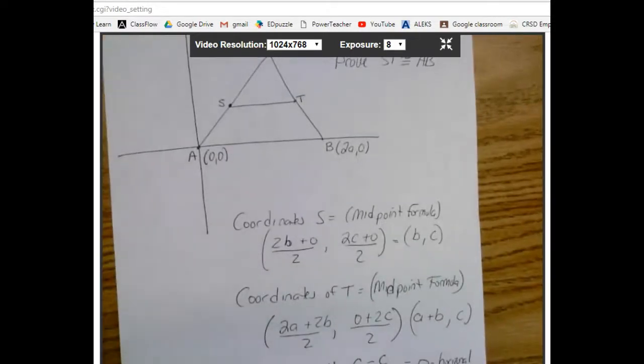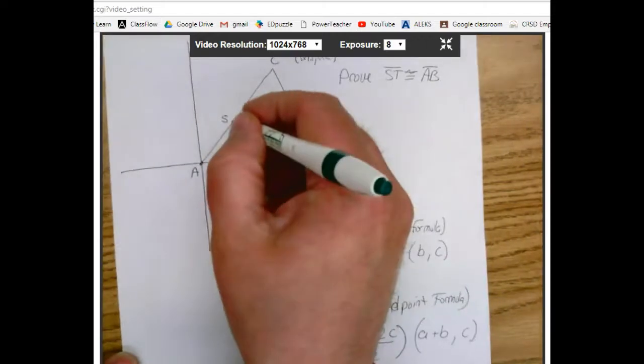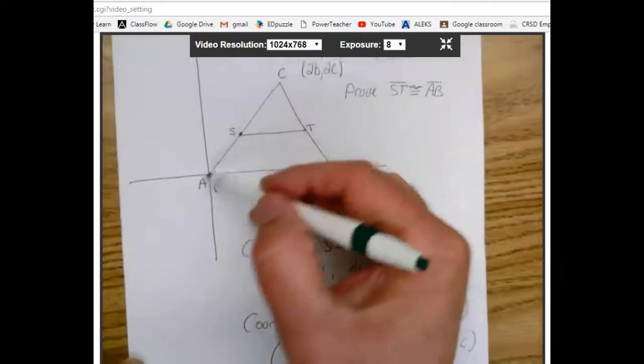If we want to find the midpoint, if you remember the midpoint formula, we add the x's and divide by 2, and then we add the y's and divide them by 2. We'll call this one S, the midpoint between these.